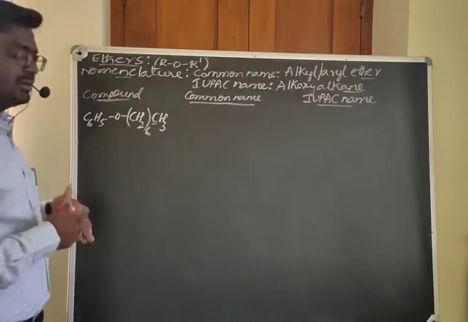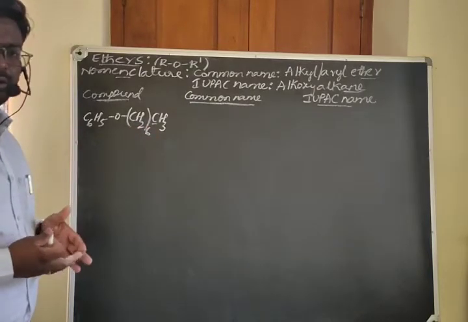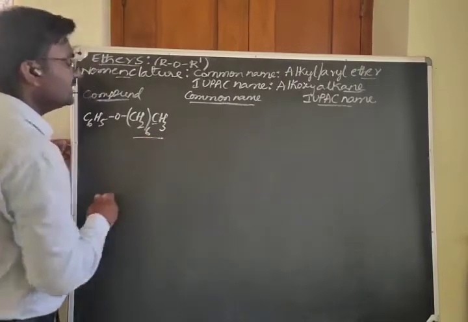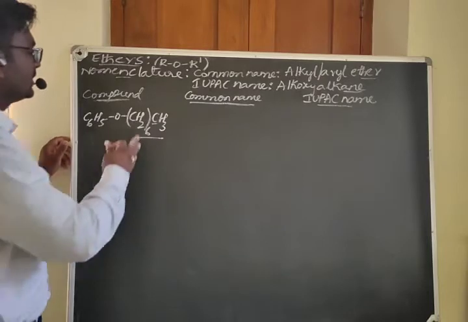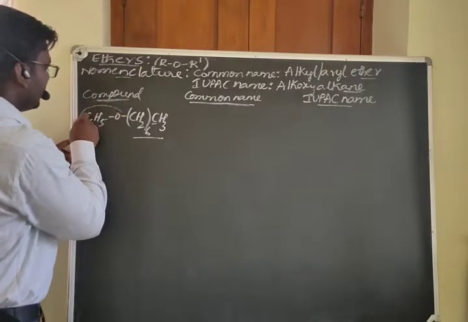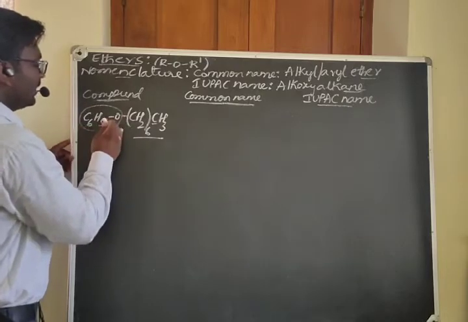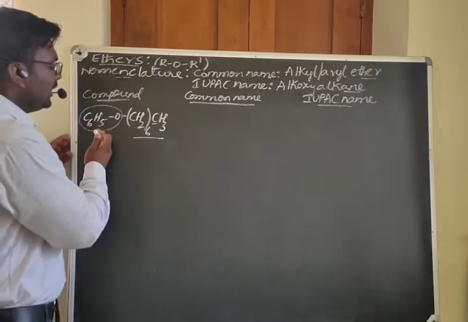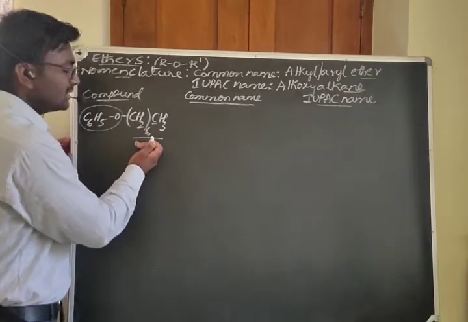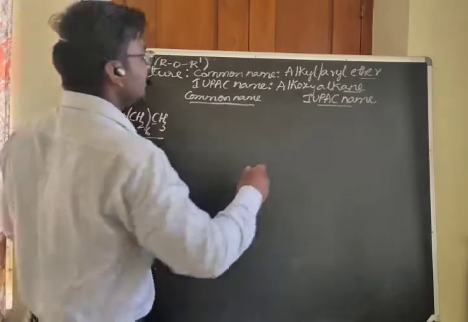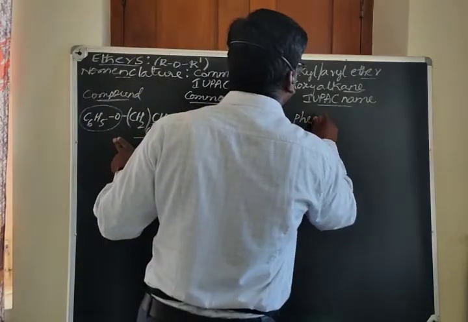Now which one is chosen as the word root? The one with more carbon atoms, that is this. This is considered the word root because it contains 7 carbon atoms, and the phenyl plus oxygen is taken as the substituent, phenoxy. And how many carbons? 7 carbons, so we call it heptane. So the IUPAC name is phenoxyheptane.